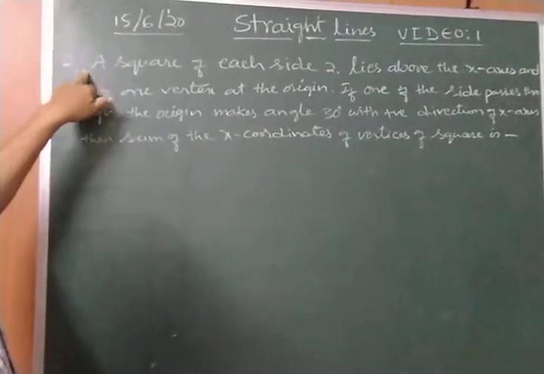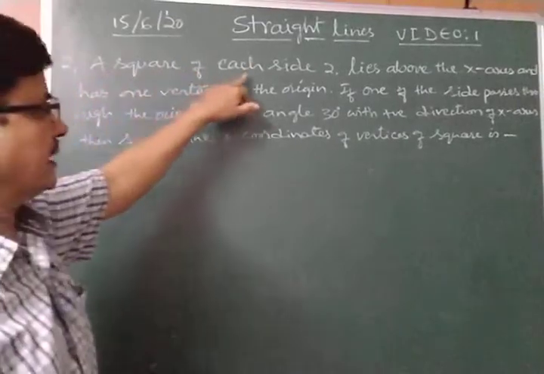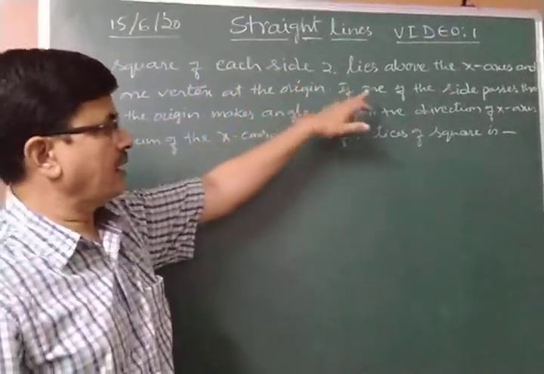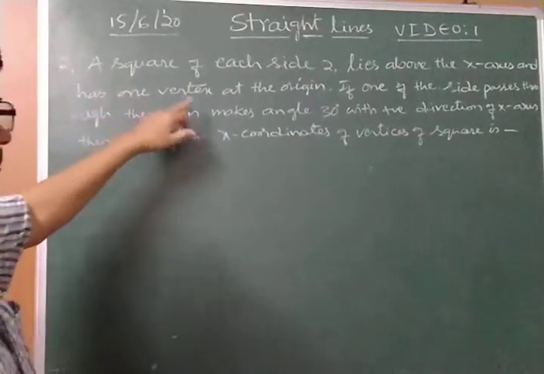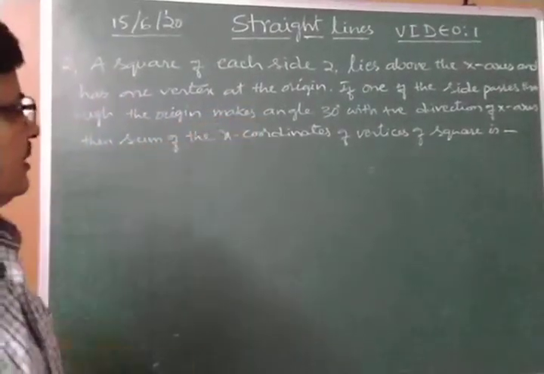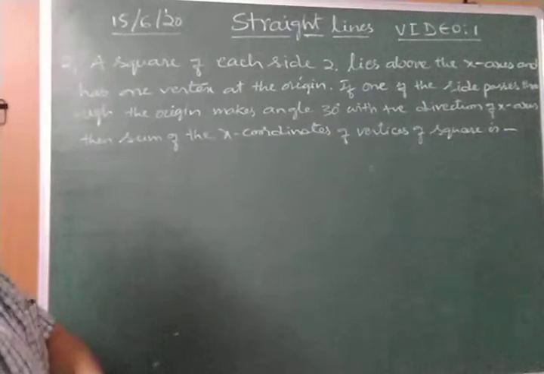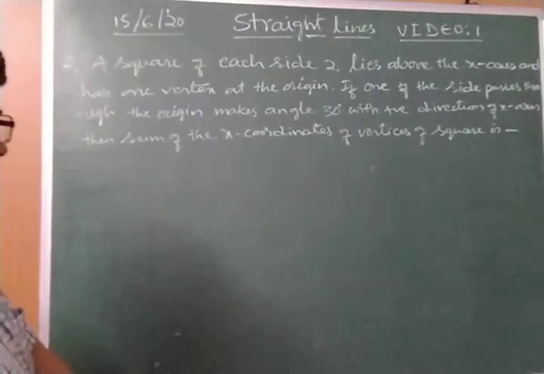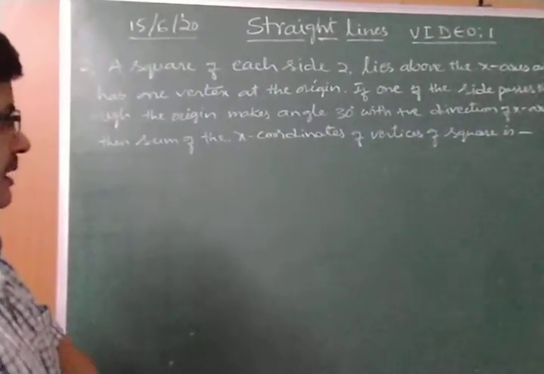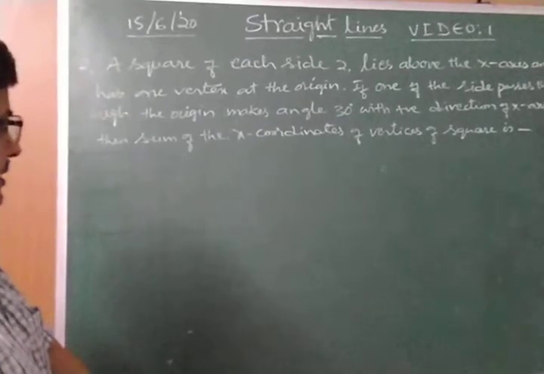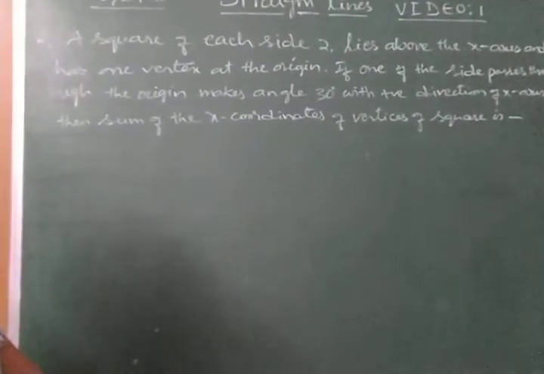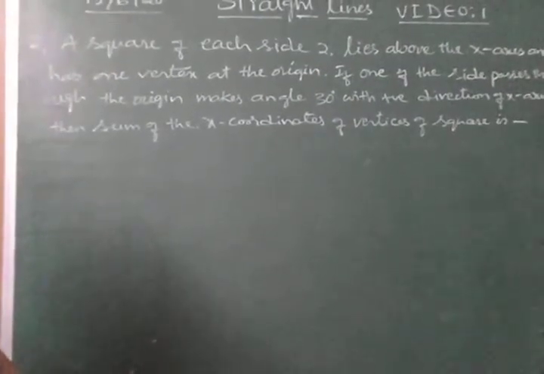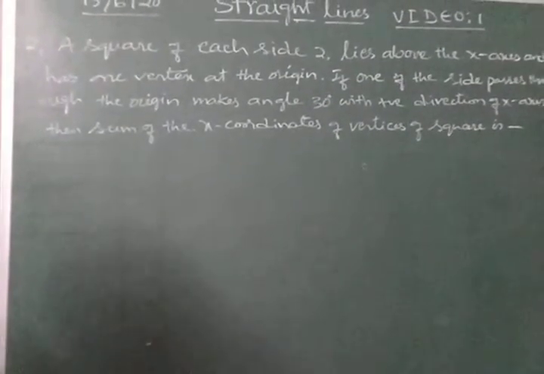Question number 2. A square of each side 2 lies above the x-axis and has one vertex at the origin. If one of the sides passes through the origin and makes an angle of 30 degrees with the positive direction of x-axis, then the sum of the x coordinates of the vertices of the square is.